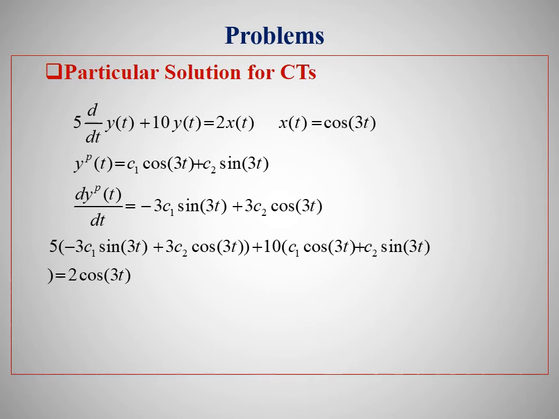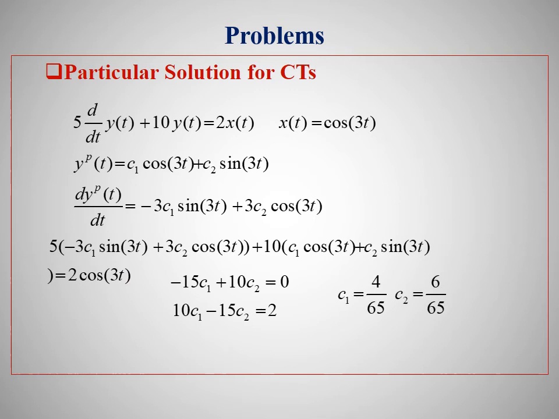How can we find the constants c1 and c2? The best way is to equate the coefficients of sine and cos. Equating the coefficients of sine, minus 15c1 plus 10c2 is equal to 0, and similarly 10c1 minus 15c2 will be equal to 2.